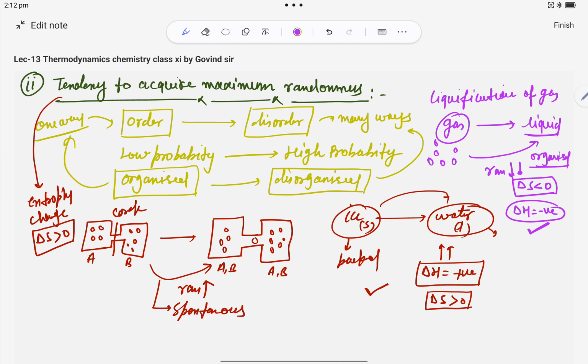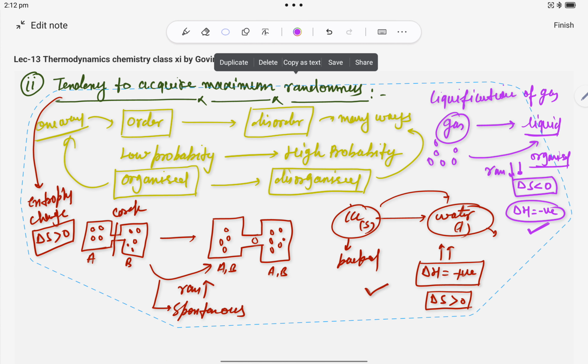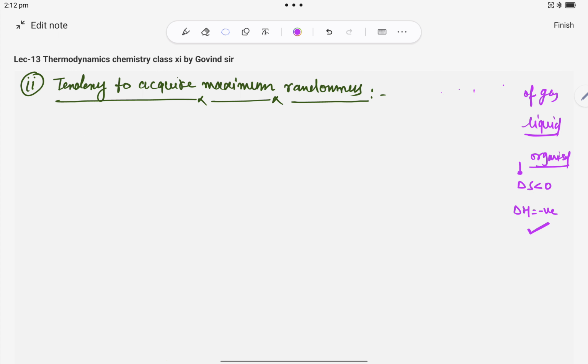So here I am erasing this now. Check it once. So randomness increases. That means disorganized. So entropy, that is your S, is measured in what?